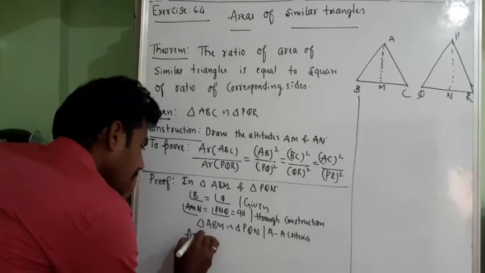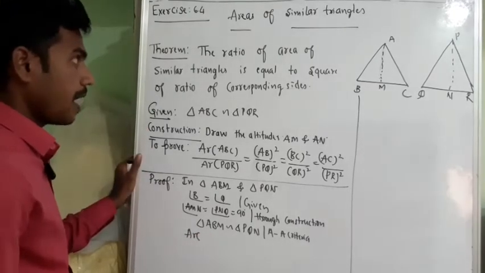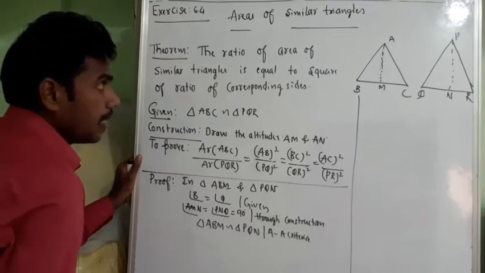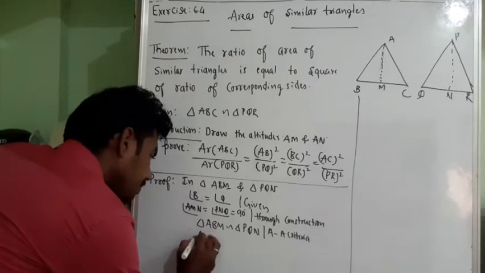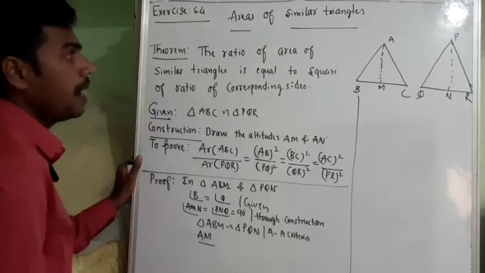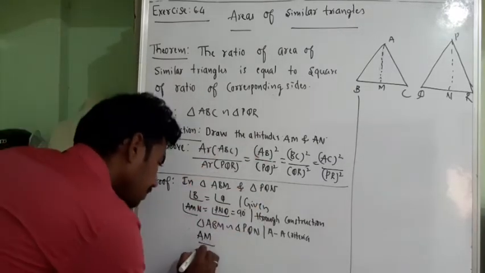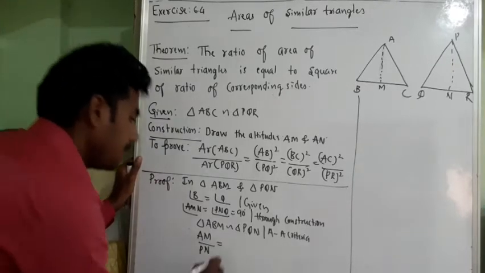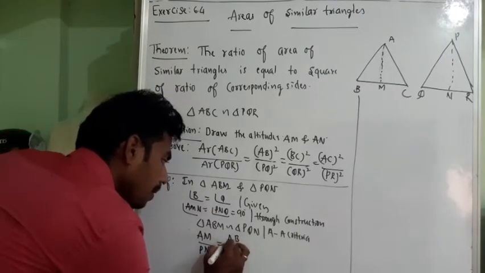Right? Now through that, what can we write? AM divided by PN is equal to AB divided by PQ.